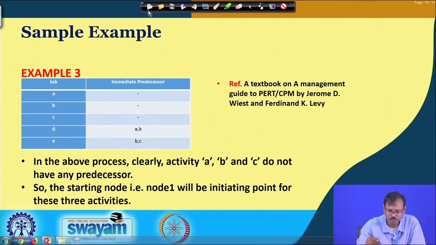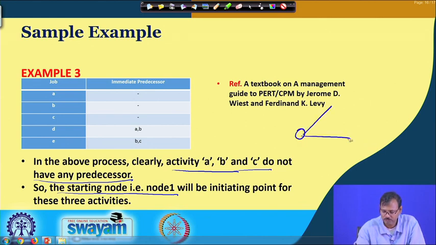Okay. So, in this case activity A and B and C do not have any predecessors and can be started with the node 1. So, let us try to proceed with it. Okay.